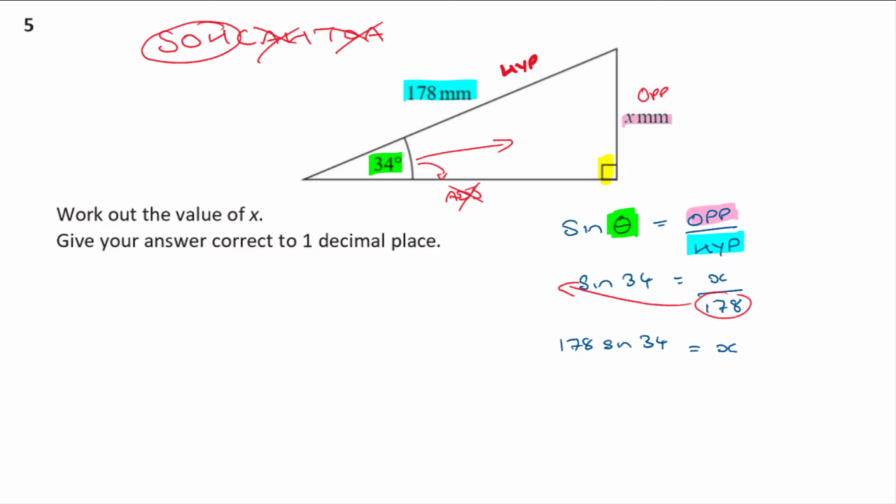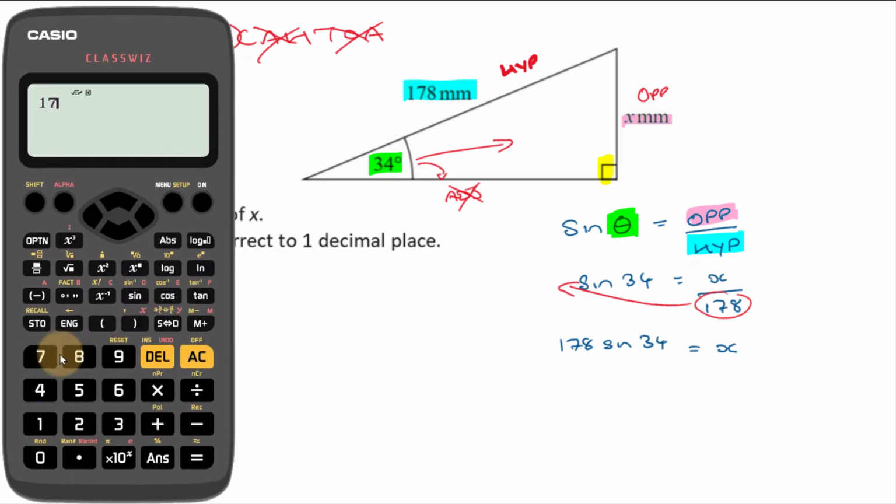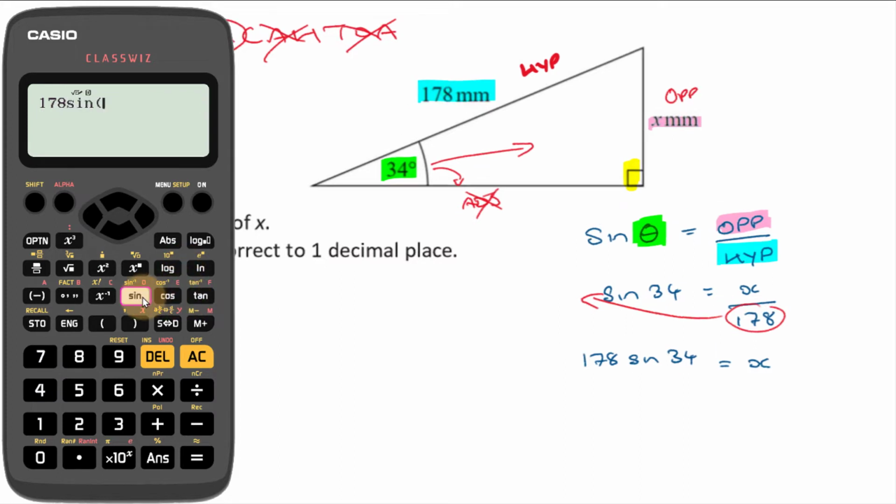Time to reach for the calculator. Make sure you put it back into mode 1 after doing the table from earlier. Then 178 sine 34 comes out to be 99.53. So rounded off to 1 decimal place.